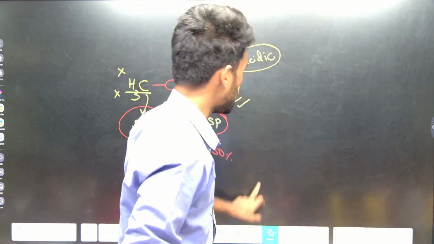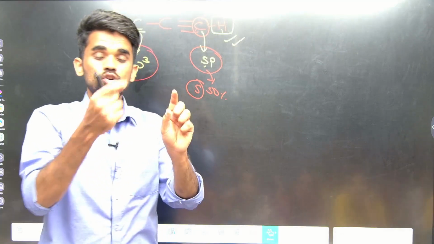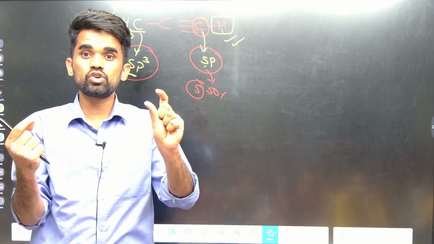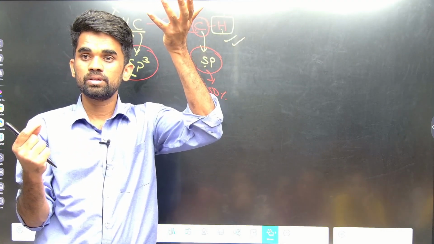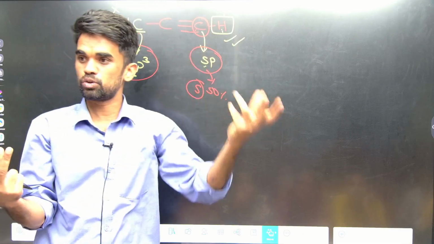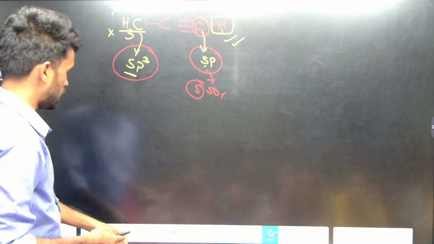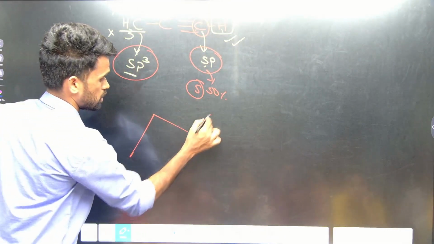Now what about acidic strength? Different groups are attached. Which group makes it more acidic? Withdrawing group or releasing group? They can ask a question here also.